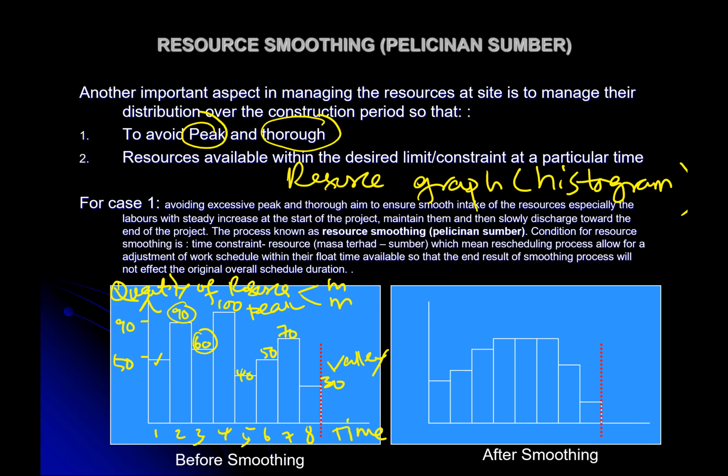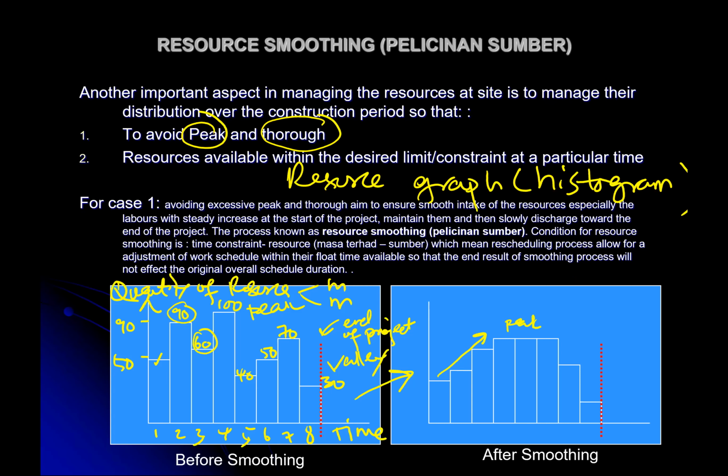You notice the dotted line here. The dotted line indicates the end of the project. Can we transform this diagram to become like this? Meaning, if we want to increase the number of workers, we increase gradually, not rapidly. Then this is the peak.